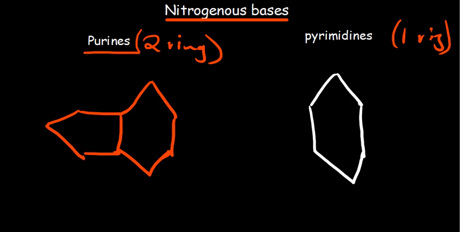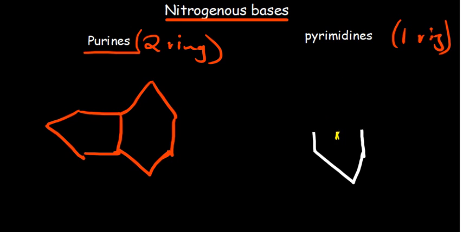So this is what we are calling a double ring, and that is a single ring. If you want to remember, just look at the names: purine is short, pyrimidine is a bit longer. The one that is longer has a single ring, and the one that is short has a double ring. Let's talk about the different types of purines to start with.